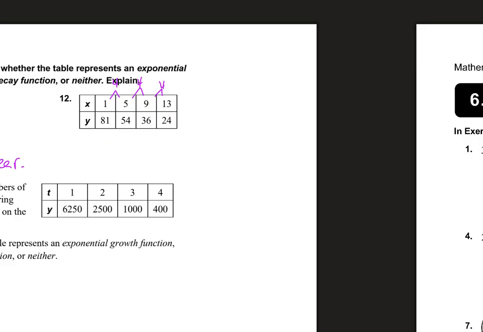So let's go back and see what happened here. One thing I like to do when I can't just figure it out is go, okay, 81 got multiplied by a number. You could do 81n, you could do 81x, I don't really care. And that's going to equal 54. So now we'll divide by 81, divide by 81. You get that x is, let's see, this is divisible by 9. That's 6.